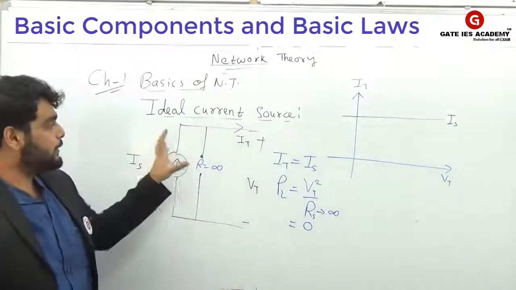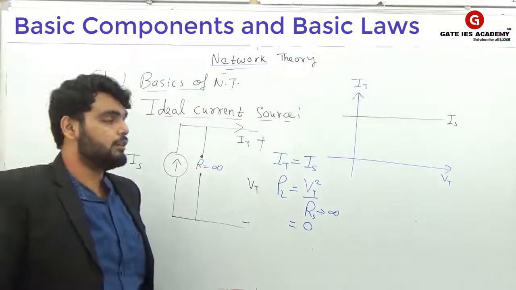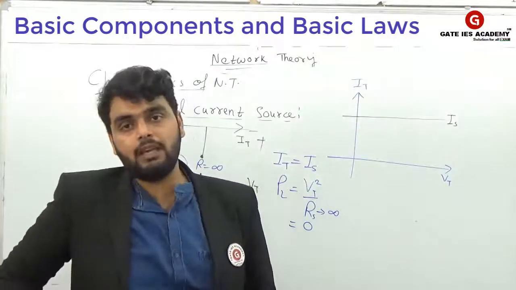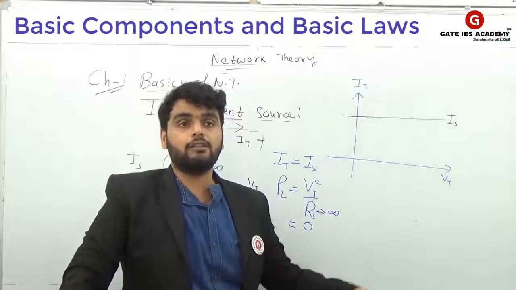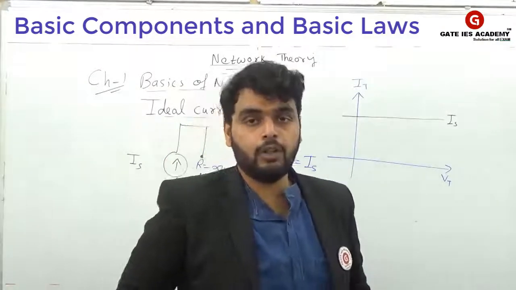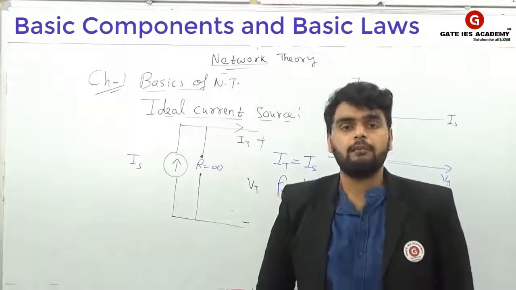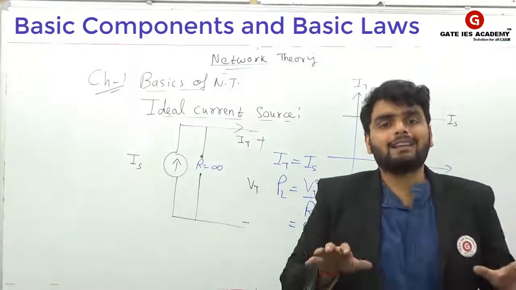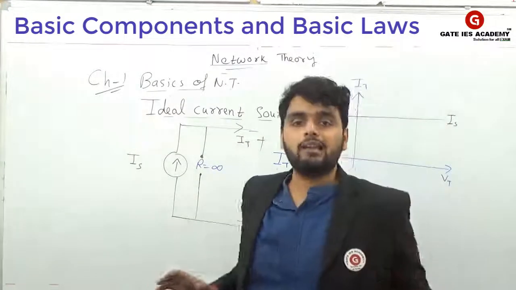So this is the characteristic of the ideal current source and ideal voltage source. And in the exam, they have asked for the characteristic of the ideal voltage source, which we have already done. Okay. So in the next topic, we are going to learn about the practical sources with some more examples.